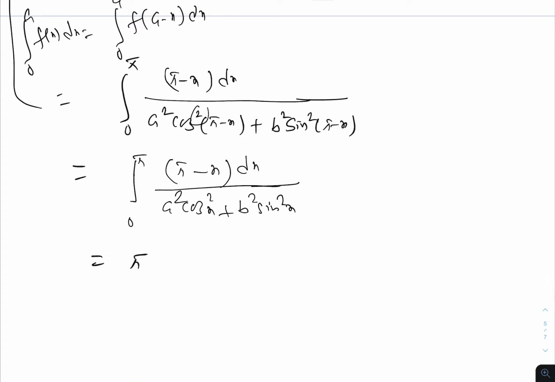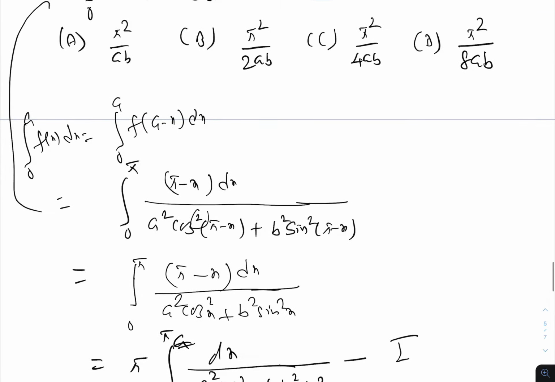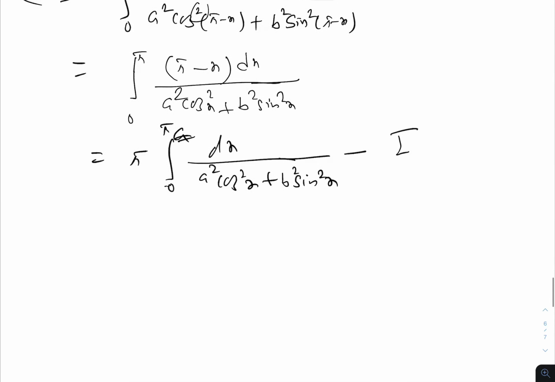And so can you easily now say, pi integration 0 to pi dx over a square cosine square x plus b square sin square x minus I, because minus x upon a square cos square x plus b square sin square x is exactly the same as I. So this is I, you can take it on this side, so that will be 2I equal to pi integration 0 to pi.